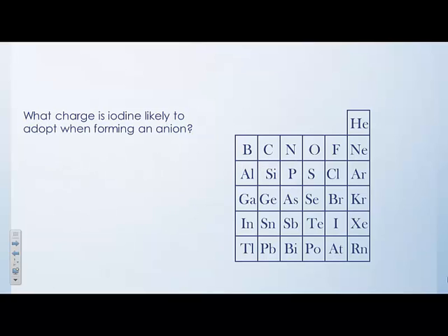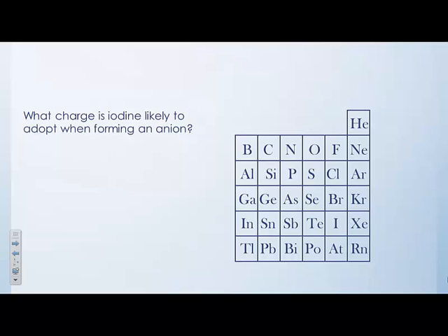Same question. Now we're talking about iodine. Notice we already talked about fluorine earlier in the video, accepting 1 electron. We're going to predict, based on the fact that fluorine and iodine are in the same group and they're both nonmetals, that iodine is also going to accept 1 electron. Now iodine has much more metallic character than fluorine, but still it's going to accept 1 electron and seek to fill that p orbital, same as fluorine, chlorine, bromine.